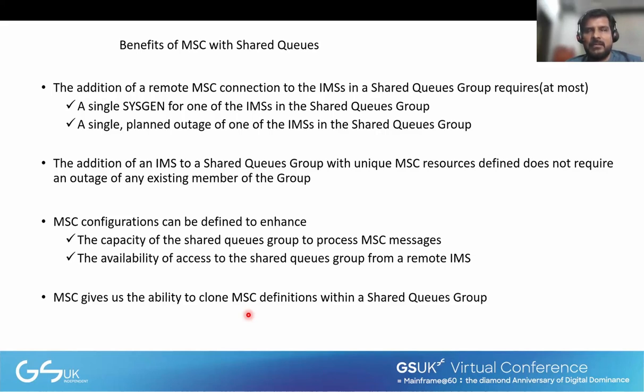Yeah, I mean, in a shared queues environment, is there any vulnerability with having a shared queue message structure, and is there a way of increasing that availability, is what I'm asking.